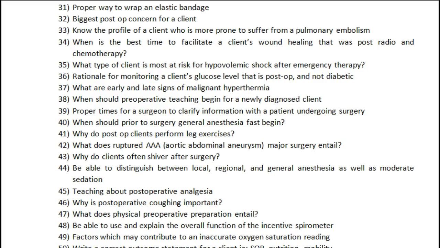Know the profile of a client who is prone to suffer from pulmonary embolism. It's usually someone who has a lot of problems, and that person may be overweight, may be immobile, may be taking various types of medication.